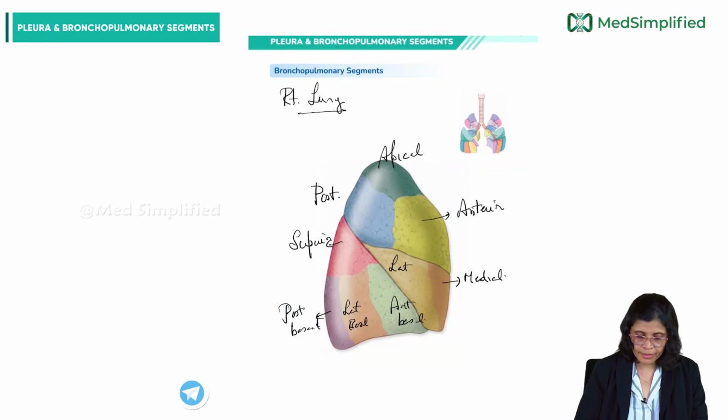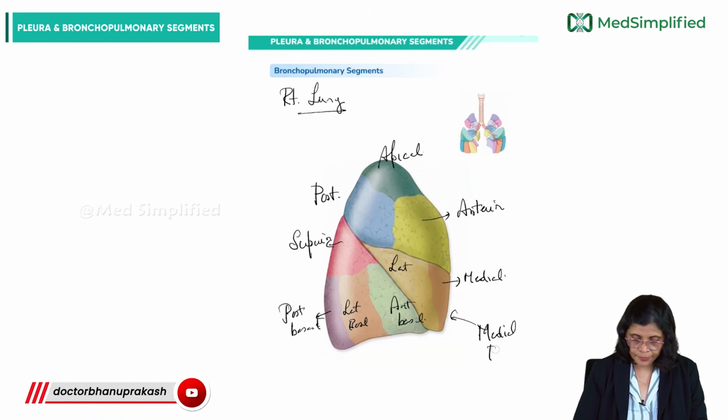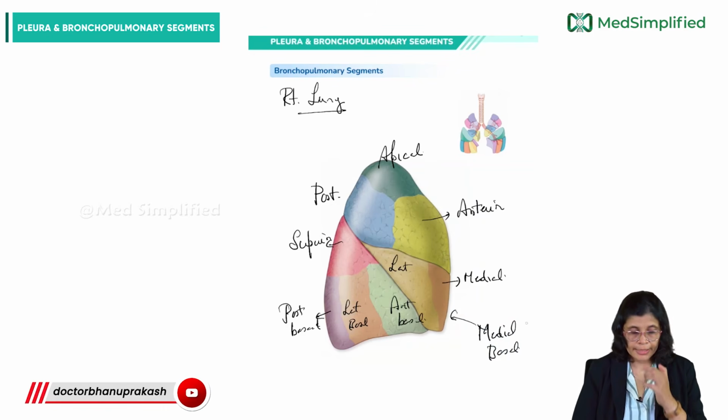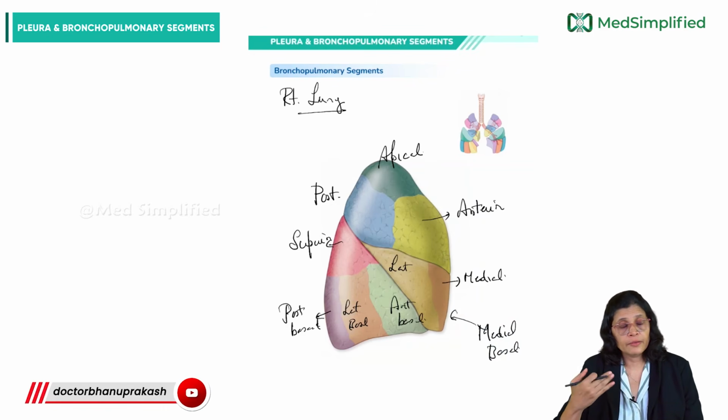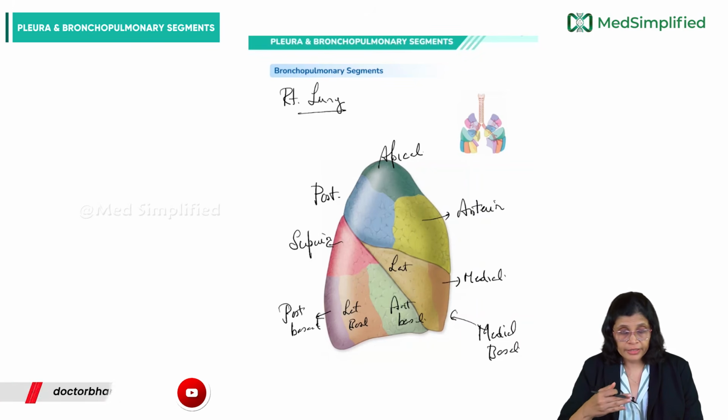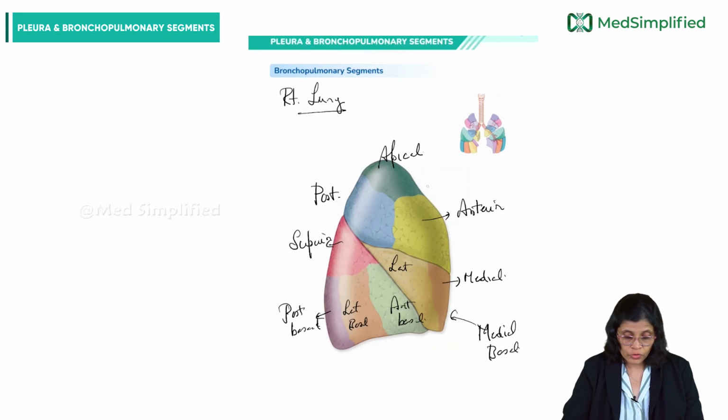The medial basal we will see on the medial aspect, on the mediastinal surface of the right lung, near the hilum. So these are the 10 bronchopulmonary segments of the right lung.